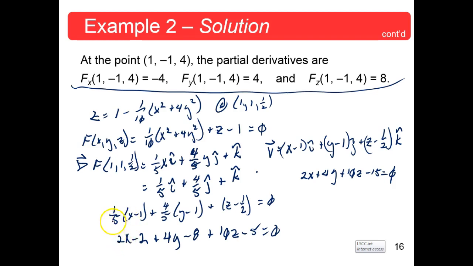Right here is where it was. I'll multiply by 10. That made me 2x minus 2. That should be an 8y. I got the second one, but not the first one. So that gives me an 8y here.